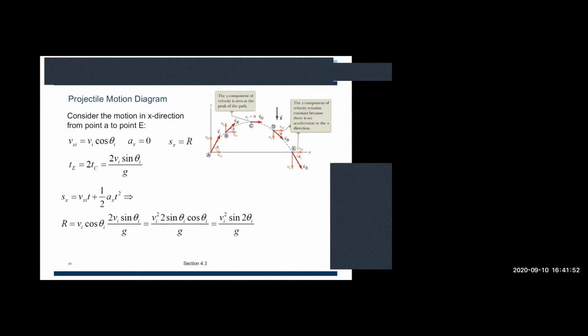So the time to move from A to C should be the same as the time to move from C to E. So it is actually logical to make this statement.